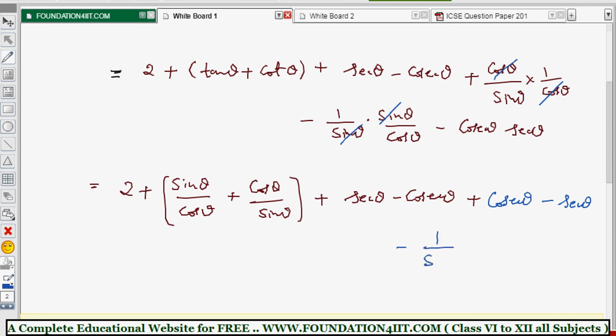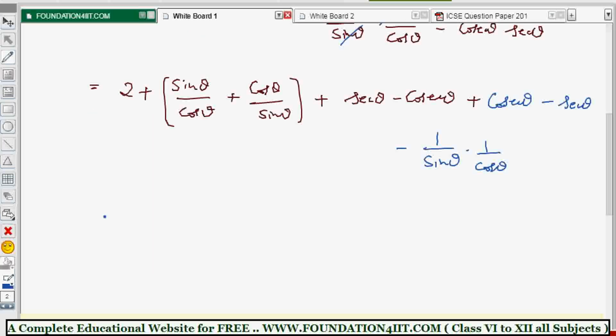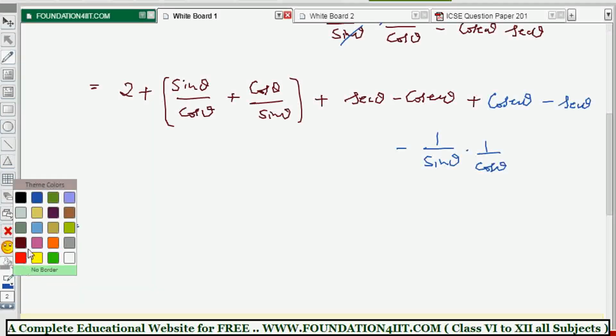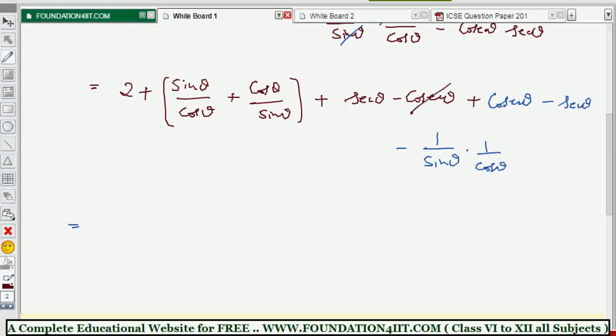So cosec is 1 by sin θ and sec is 1 by cos θ. Next step also you can cancel the remaining. Next if you see, here minus cosec plus cosec minus sec plus sec gets cancelled.